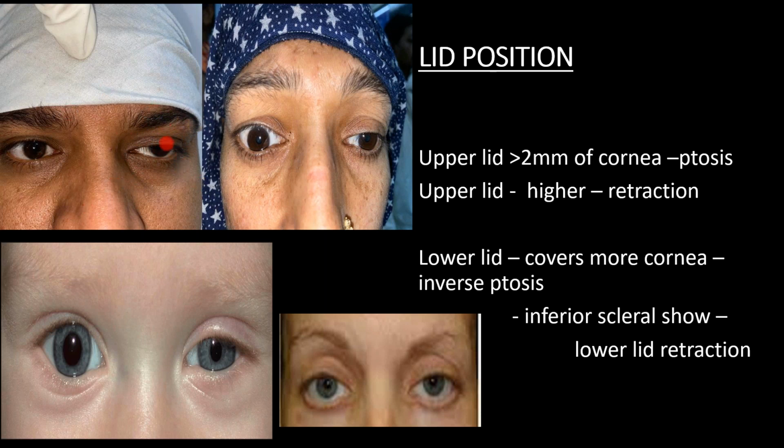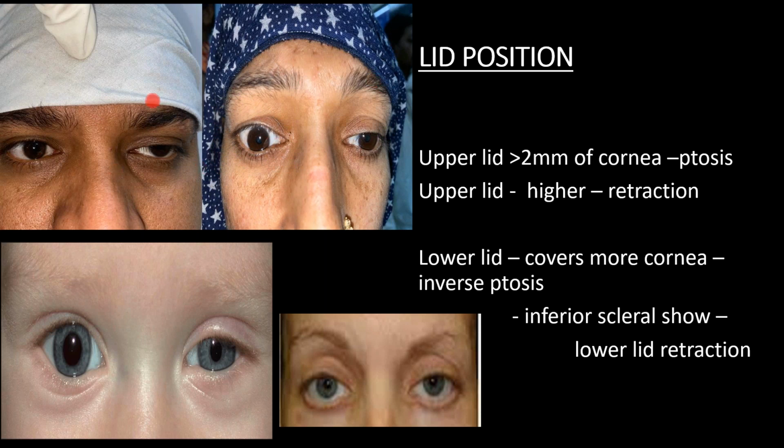And if the upper lid is higher than that, if you can see the scleral show over here, can you see the white portion? That's the sclera. If the lid is higher than its normal position, you'll be able to see the sclera on top, right? So that is called lid retraction. Lid retraction is very common in thyroid ophthalmopathy.